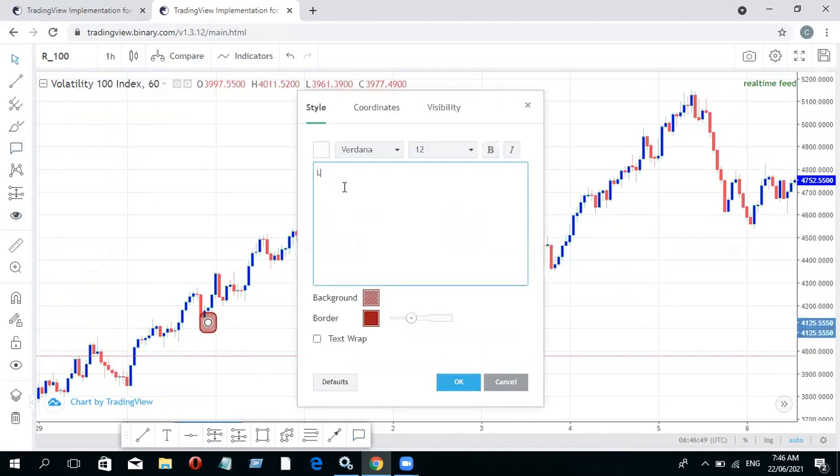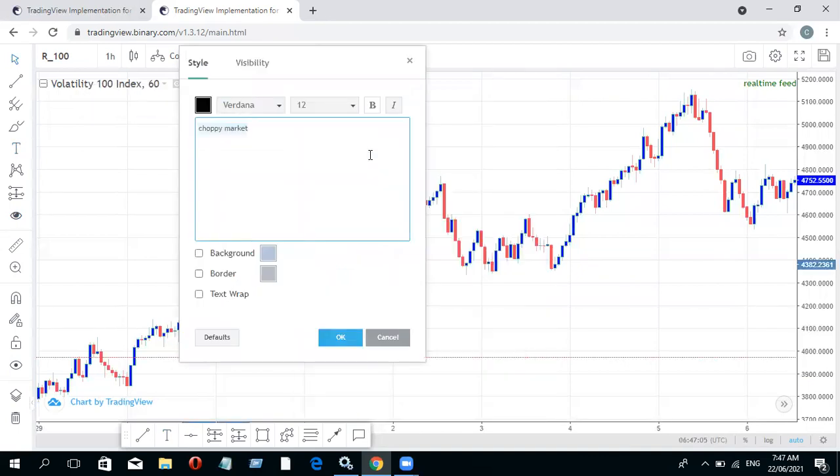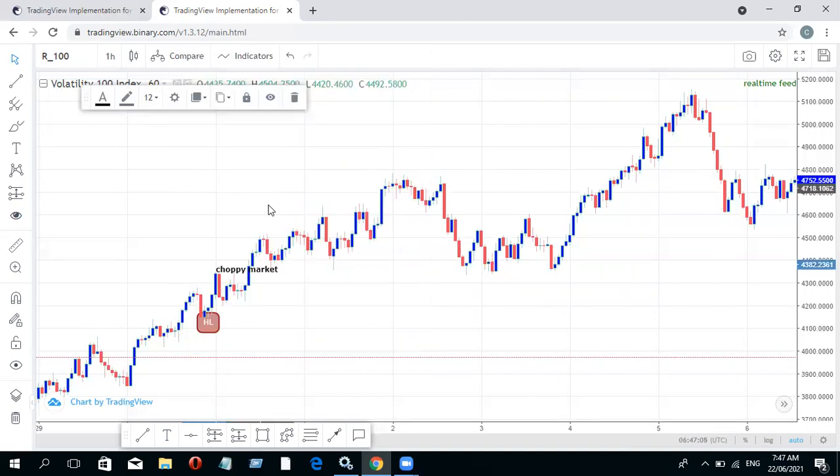The market forming a higher low, and then the market forming a higher high. So the market forming a higher high.